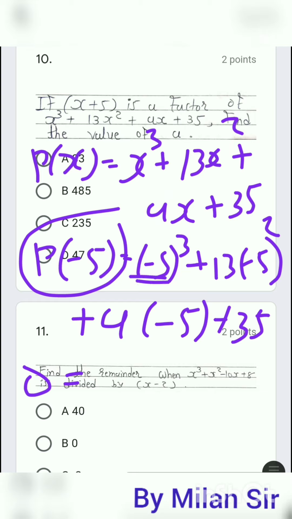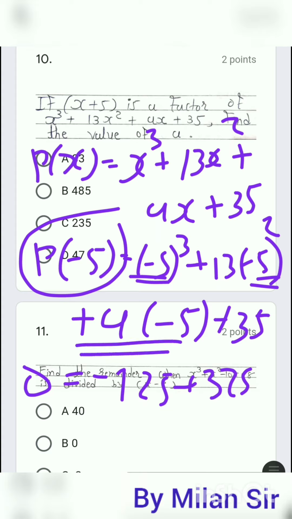Now minus 5 all cube, so 5 cube is 125, 5 multiply 5 multiply 5, and a negative number is there, so negative 125. Now minus 5 all square is plus 25, and 25 into 13 is 325.